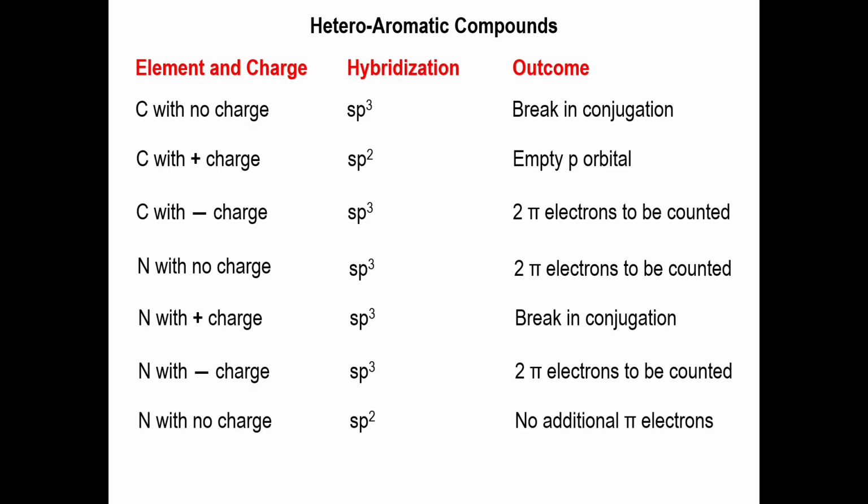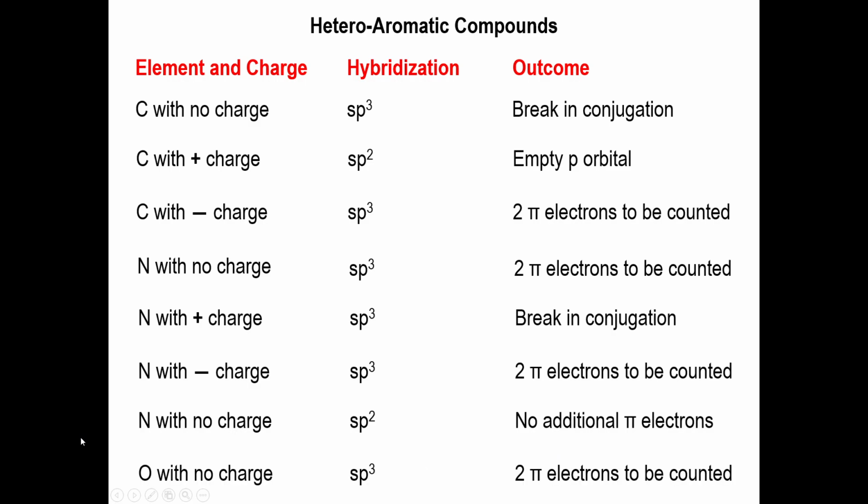In that case, you still have a lone pair on nitrogen, but the lone pair, due to the fact that it's part of an sp2 hybridized center, is trigonal planar, and it will be completely orthogonal to where the p orbitals are located in the system. So no pi electrons are to be counted there, even though a lone pair is present on nitrogen.